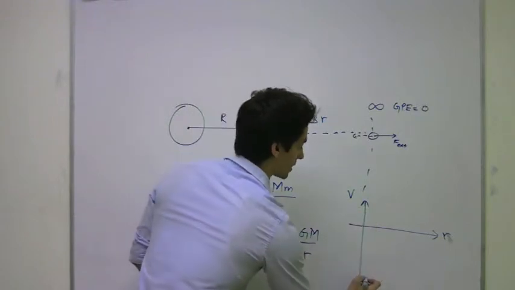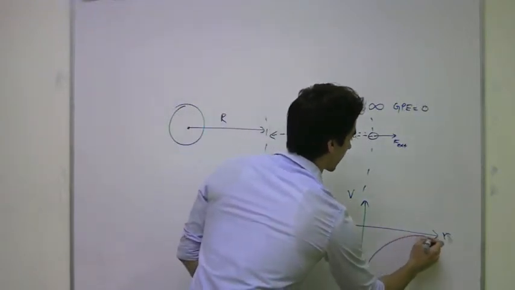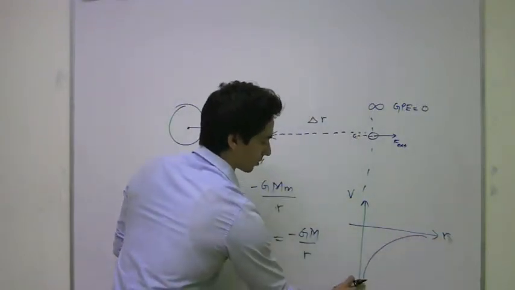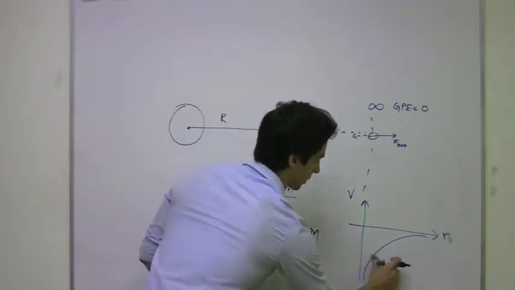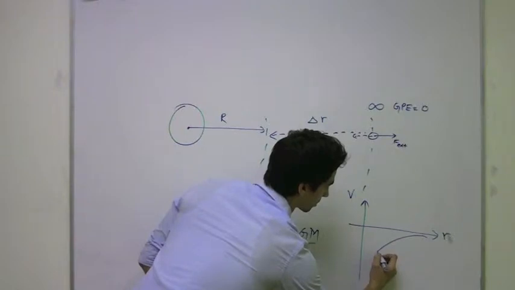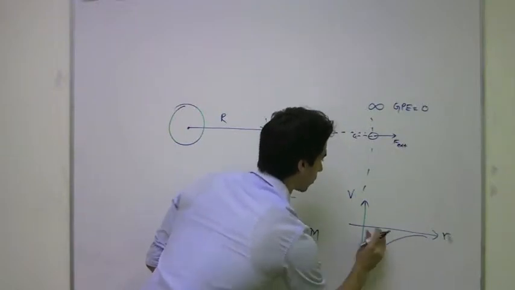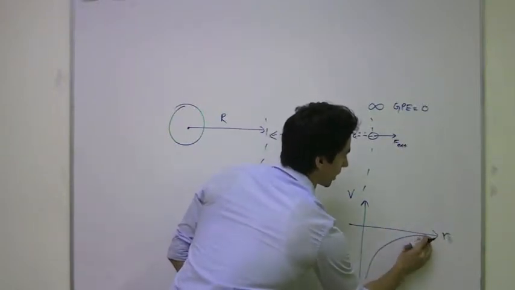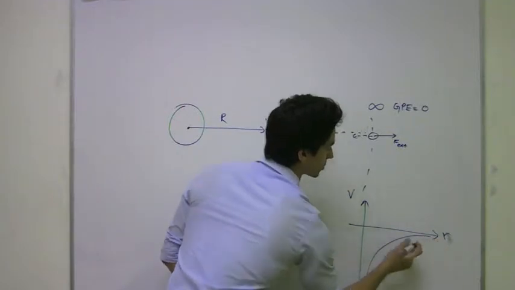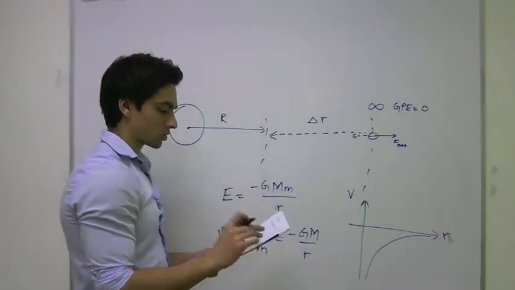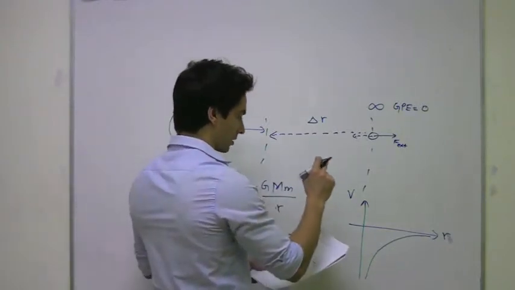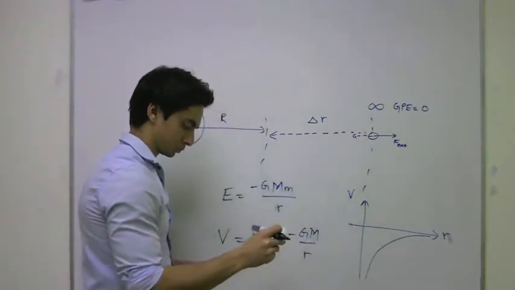It's an inverse relationship, and it's also negative. So it's very negative near the surface of that planet, and as you go away from the planet, it becomes closer to zero, so less negative. So this is how you have gravitational potential.